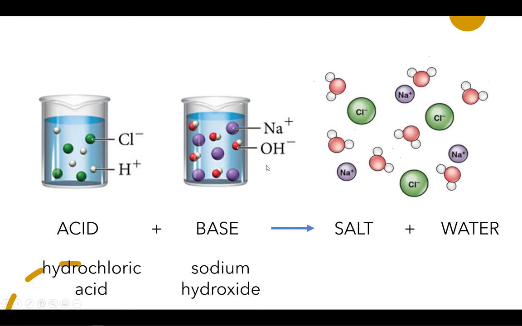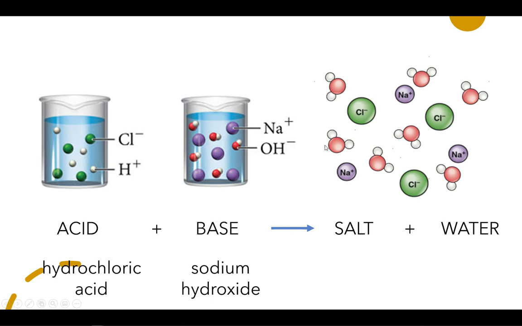So if we look at what's happening first of all, remember that this is a neutralization reaction. So we're going to be removing these hydrogen ions. And what the hydrogen ions do is they combine with these hydroxide ions. So we've got an H and an OH, and they're going to combine together to form water.